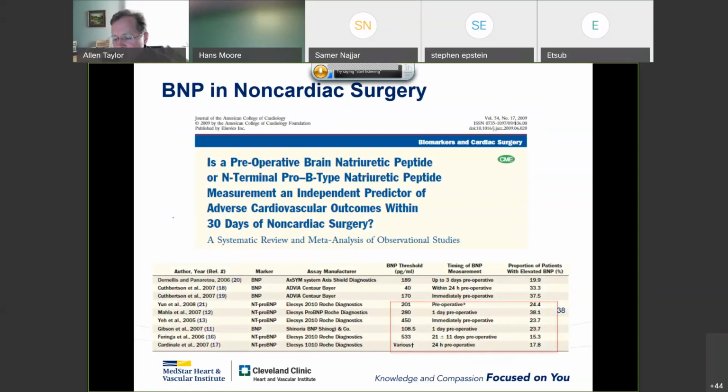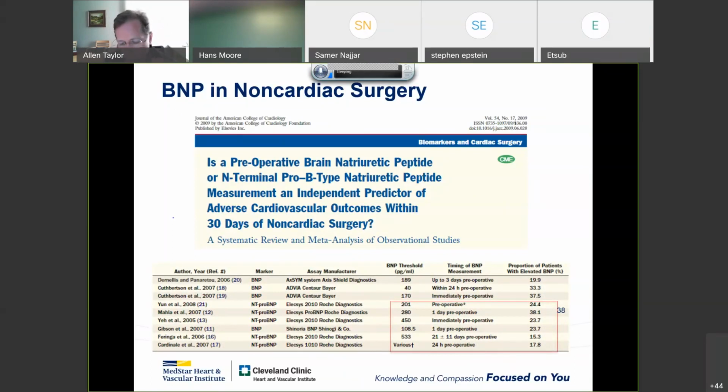Well, it's not just troponin. And over the years, it's interesting, these studies go back to the middle of the last decade, 2006. BNP has been looked at for the same reason, and this is a meta-analysis that was published on the question: is preoperative BNP an independent predictor of 30-day outcomes of non-cardiac surgery?